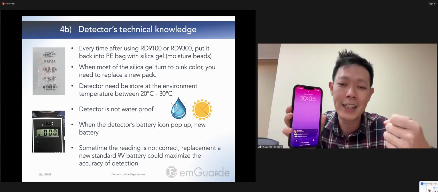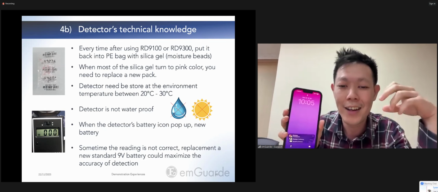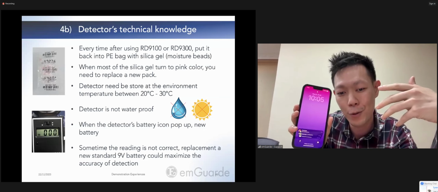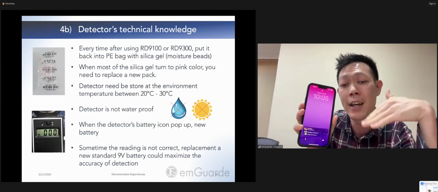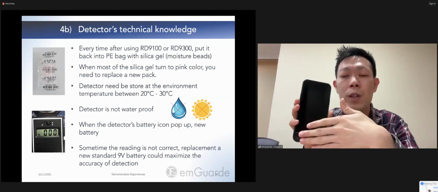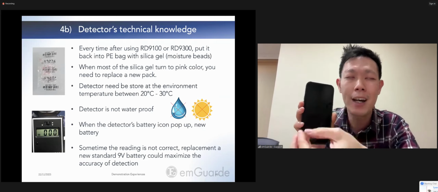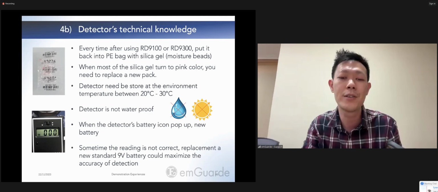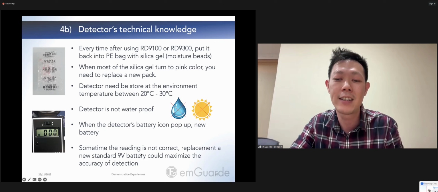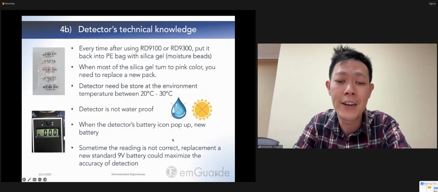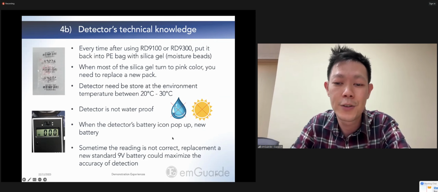If the battery is near empty, maybe 8.2 or 8.3 volts, the current storage becomes lesser, and it will measure maybe up to 1000 or 900. It will be different. So if you find a different reading, you can choose to change to a new 9-volt standard battery to replace it.